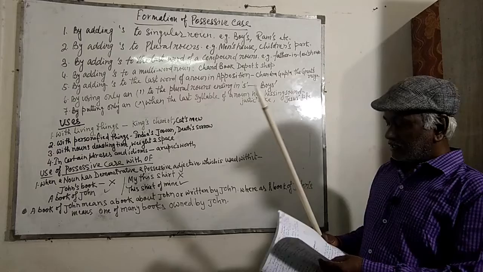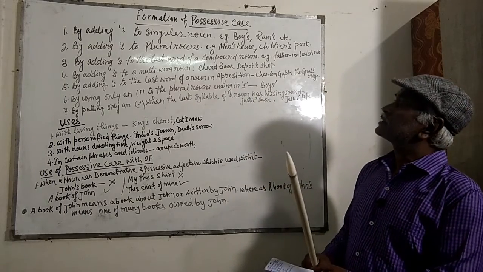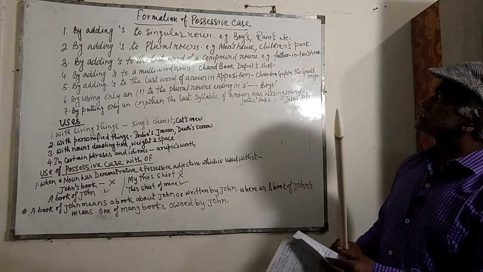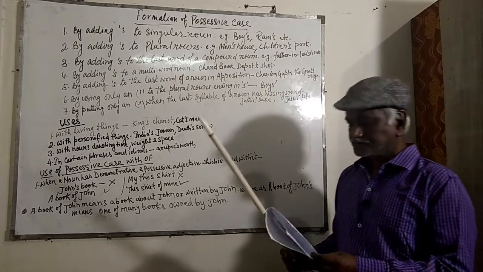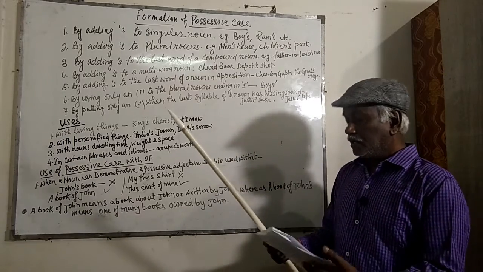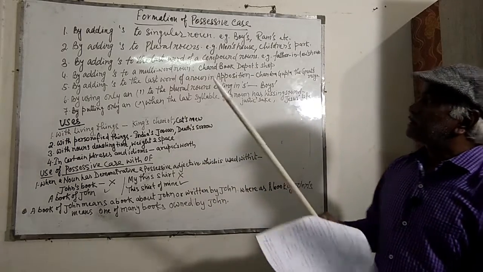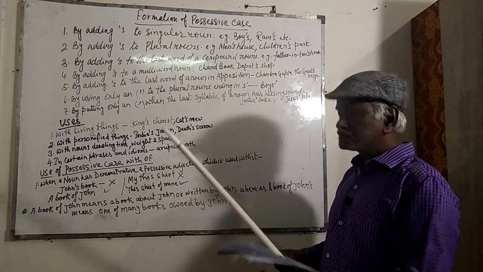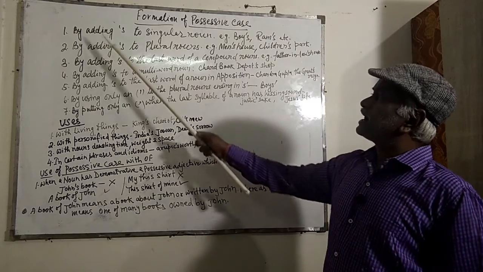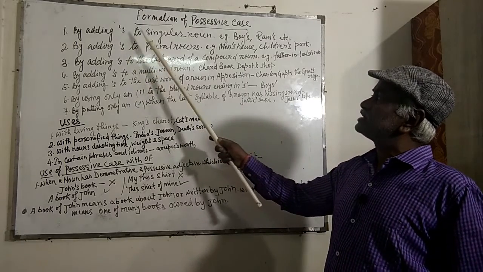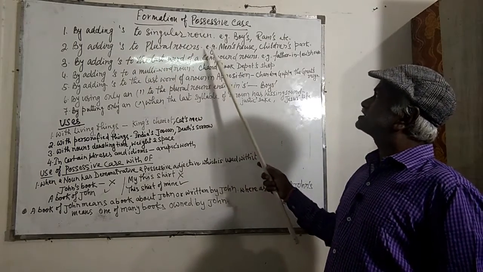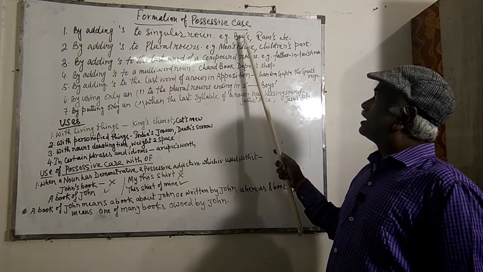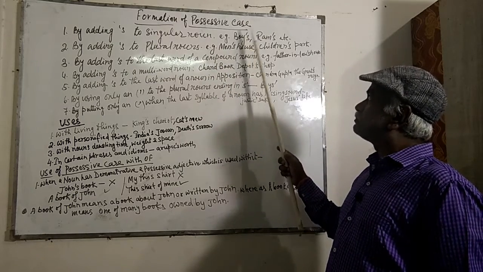Now, let us see how the formation of possessive case takes place. Here we have to use certain rules. The first rule: by adding apostrophe s to singular nouns, for example, boy, apostrophe s becomes boy's.